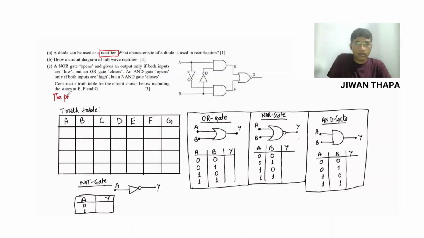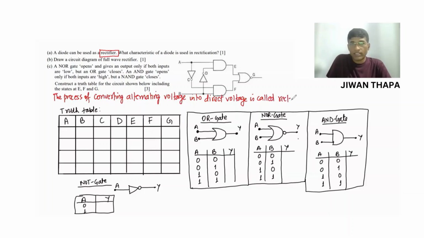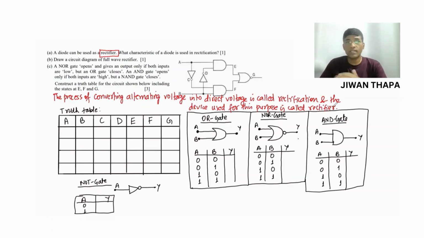The process of converting alternating voltage into direct voltage is called rectification, and the device used for this purpose is called a rectifier. So this is the concept of a rectifier.